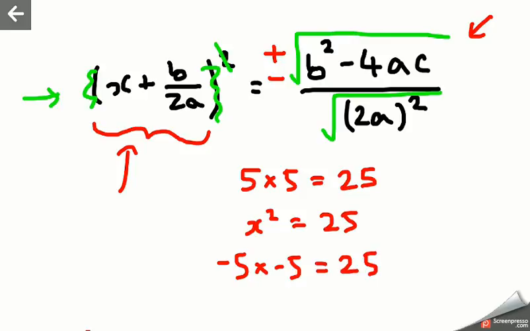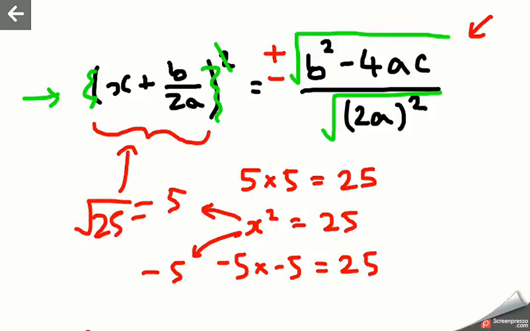So x could be 5 or x could be negative 5. It could be the positive or the negative. So 5 is equal to the positive square root of 25, and negative 5 is equal to the negative square root of 25. Both of those are possibilities, and hence we need to take both the positive and the negative square roots of this side.